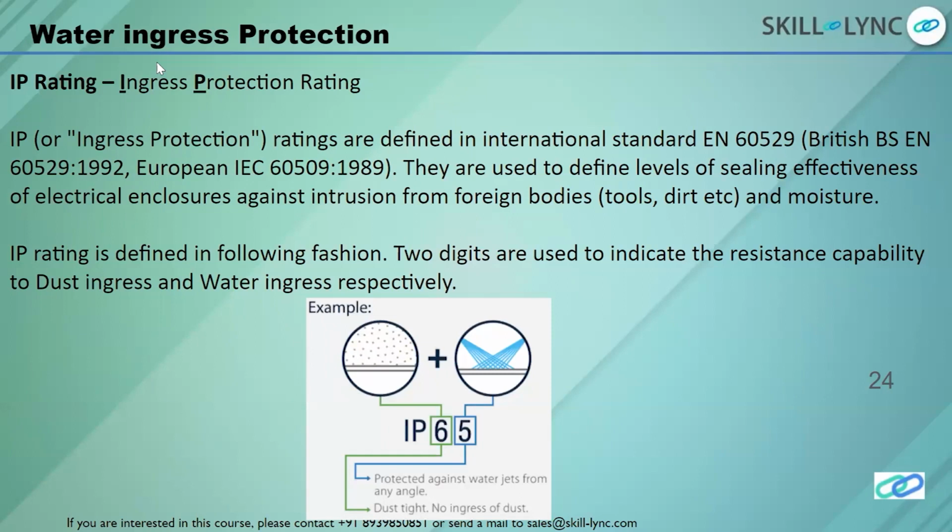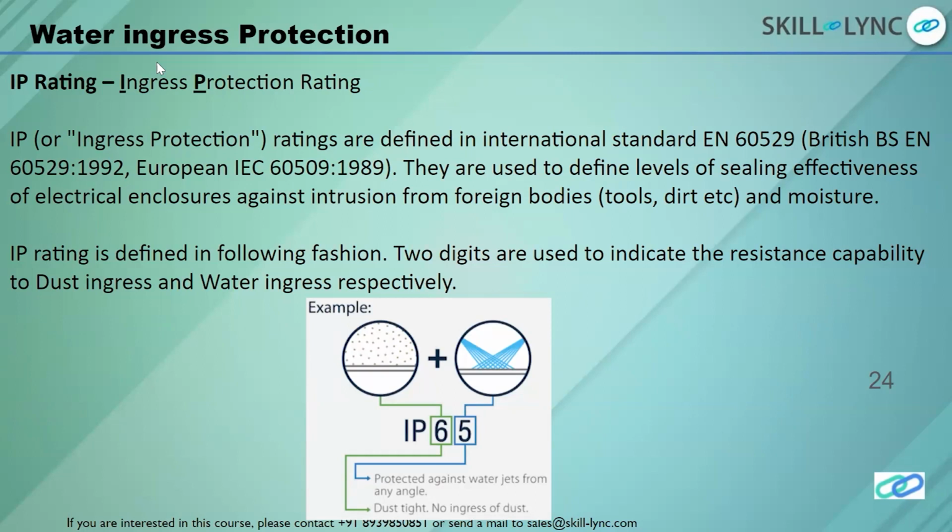There are two digits which we generally follow after the IP standard name. The first digit after IP gives the standard for dust ingress protection, and the second digit corresponds to water ingress protection.